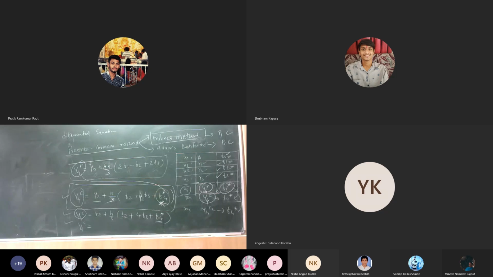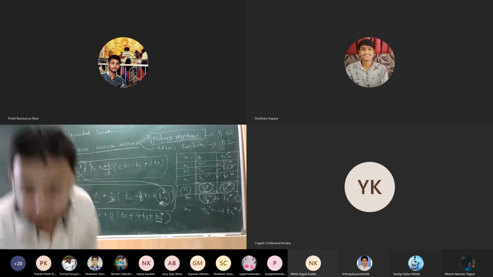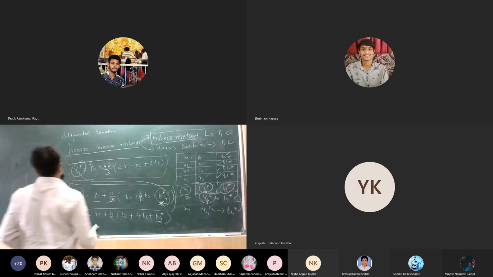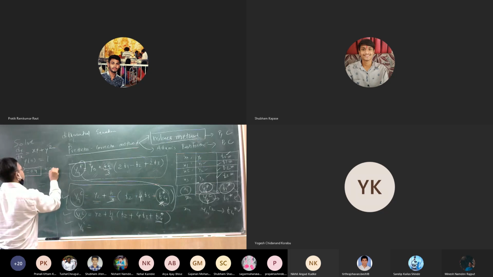Solve dy by dx equal to xy plus y square, and initial value y0 is equal to 1. Continue the solution up to x equal to 0.4 using Milne's method.